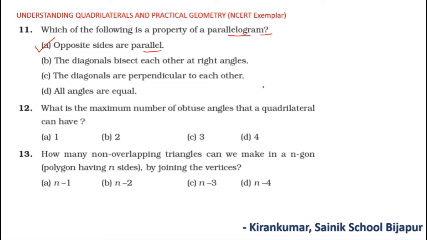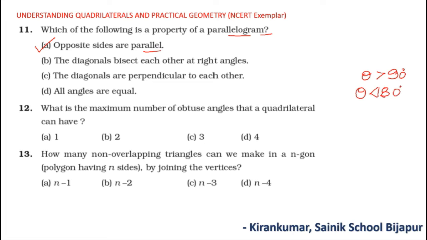Question 12. What is the maximum number of obtuse angles that a quadrilateral can have? Obtuse angle means it's an angle greater than 90 degree. Suppose theta is the symbol for angle, it is greater than 90 degree and it should be less than 180 degree.